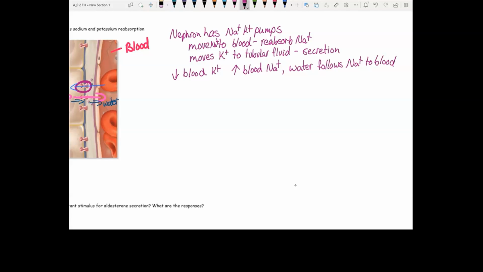So these pumps also increase the amount of water in your blood. And that has the effect of reducing the amount of urine that you make, because water is moving from the tubular fluid back into the blood. So there'd be less water going to the urine.